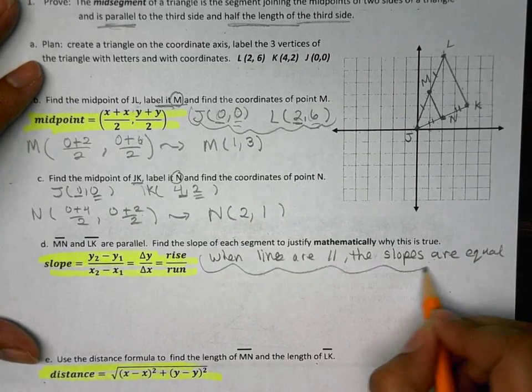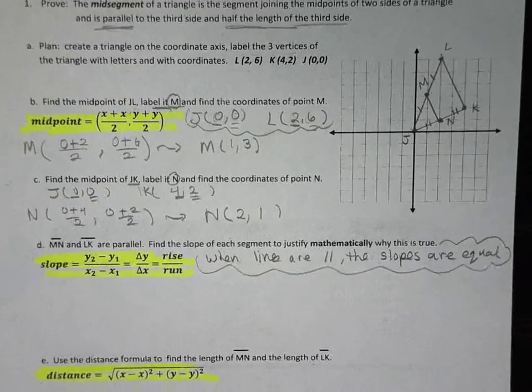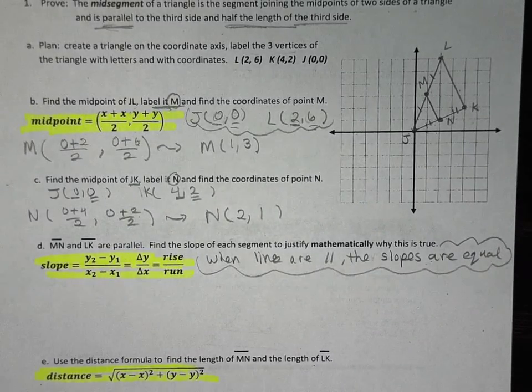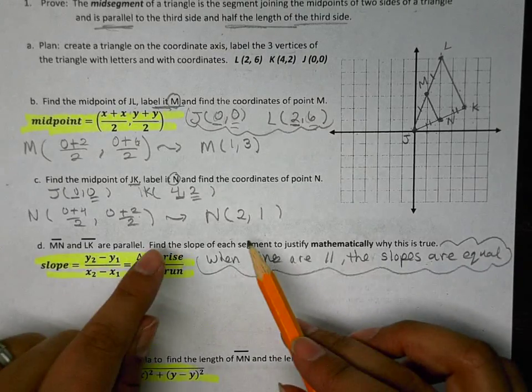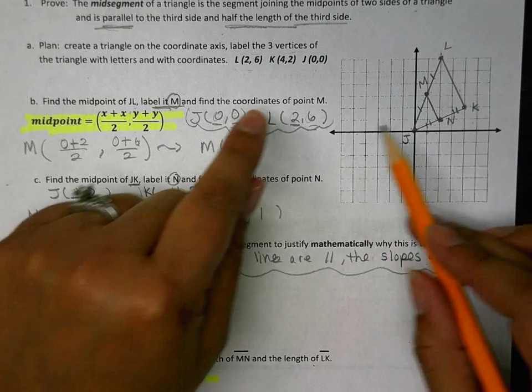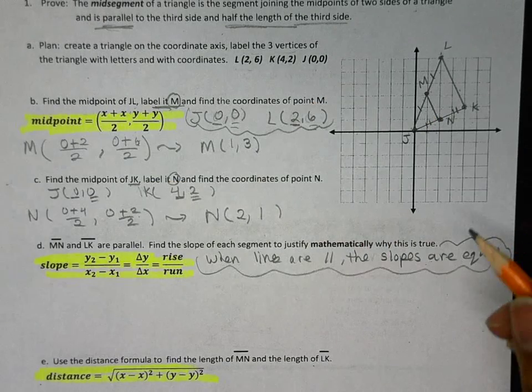When lines are parallel, they will have the same slope. You need to know that. It's not the first time we've talked about it. You've heard it in this class before. You've heard it in last year's math class before. Does it make sense that if two lines have the same rise over run, they will stay parallel all the way through? Yes? Okay, so that's what we're going to do here.